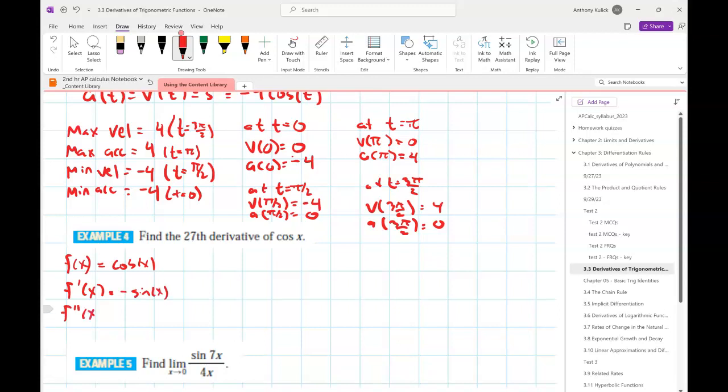The second derivative is going to be negative cosine, right? The negative sign is like a coefficient, so we ignored it. The third derivative is positive sine. And the fourth derivative is back to positive cosine. Notice that we've just completed a cycle.